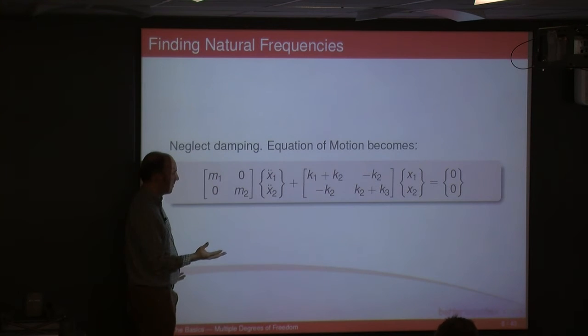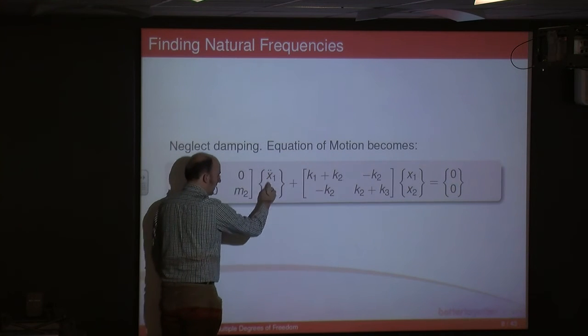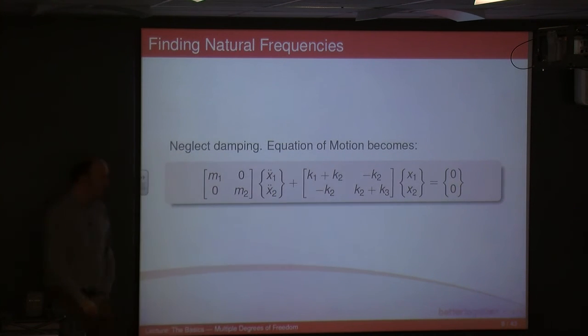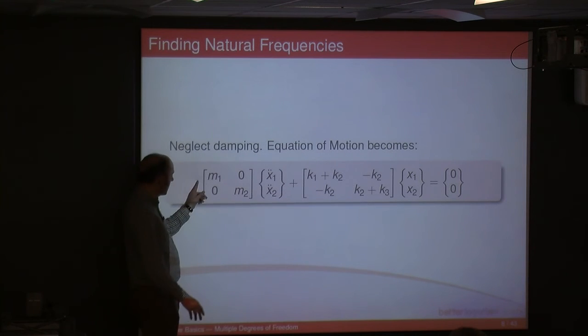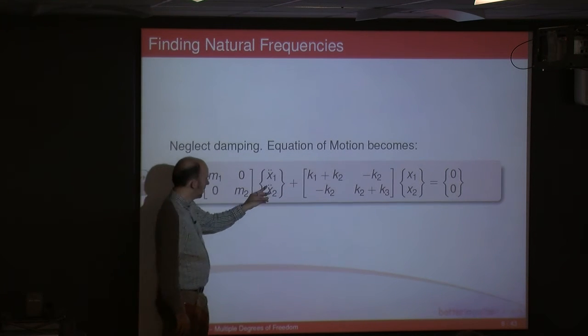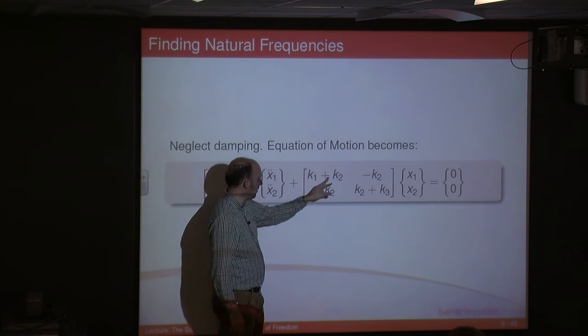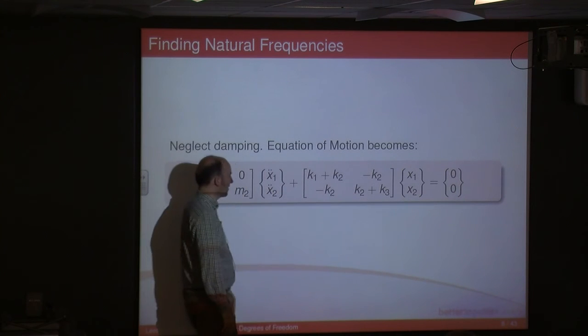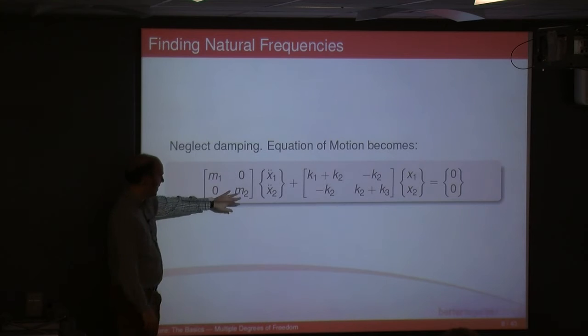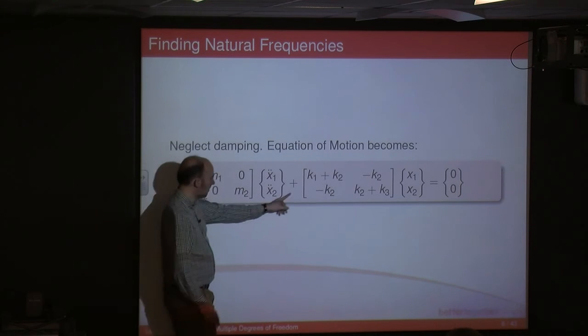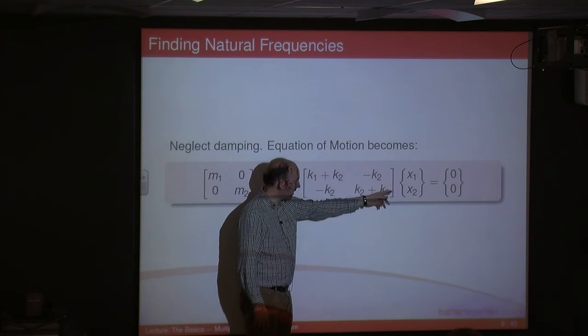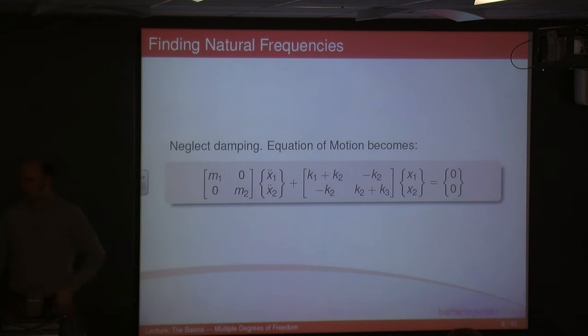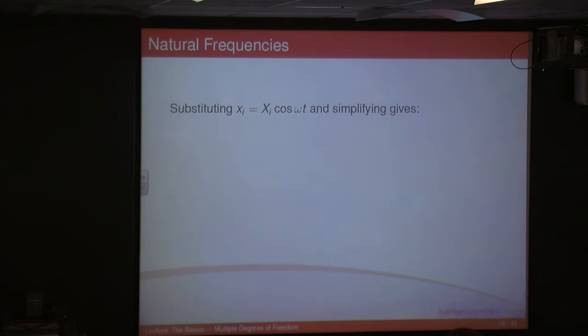The cosine term disappears, and the double dots disappear. So you end up with minus omega squared times m1, plus k1 plus k2, times x1. And here we've got minus omega squared times m2, minus k2, plus k2 plus k3, times x2, which is where that matrix comes from.